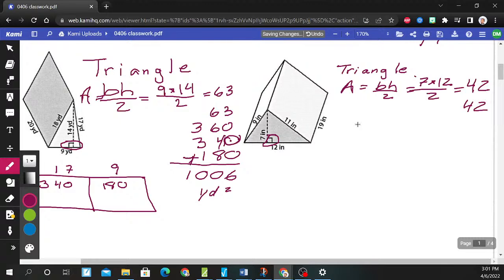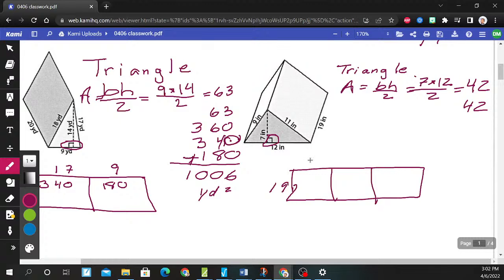Then let's draw out a rectangle here. The distance from the front triangle to the back triangle is 19. So we have 9, 11, and 12 as sides of the rectangle. So 9 times 19 is 171. 19 times 11 is 209. And 19 times 12 is 228.